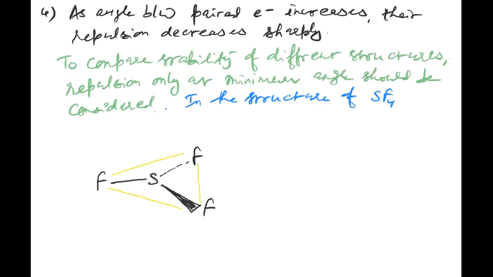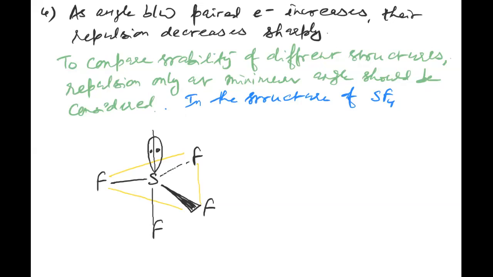I hope you understand the representation of this type of bonding. A solid wedge means the bond is coming towards your side, a dotted line means the bond is going inside the surface of the board, and a normal solid line means the bond is in the same plane as the surface. More importantly, it has one lone pair of electrons, and another fluorine here. So this may be one of the possible structures of SF4.